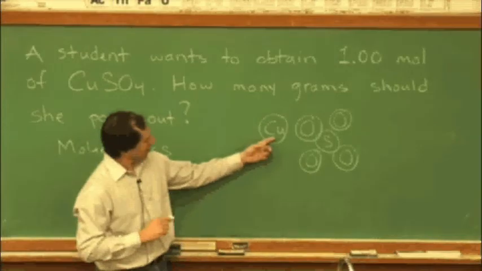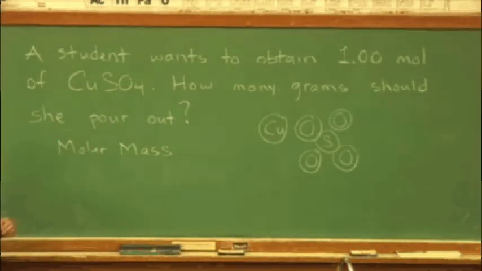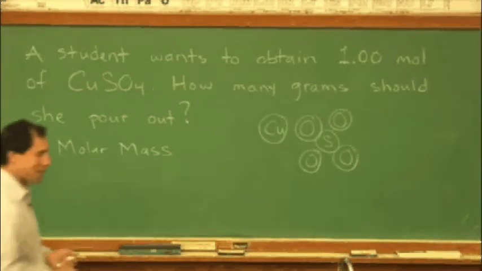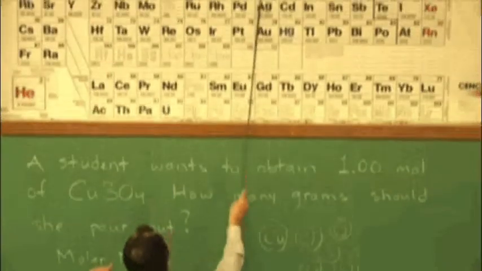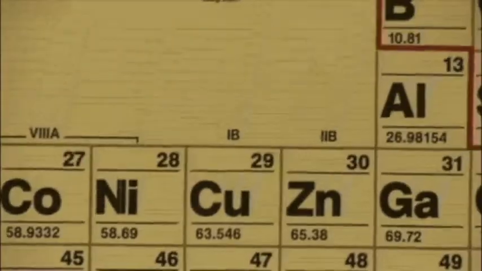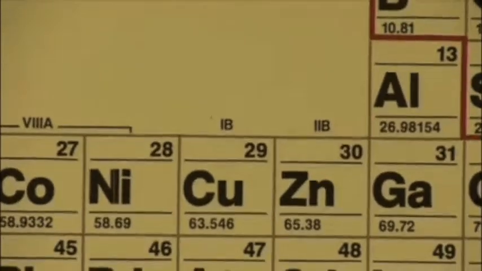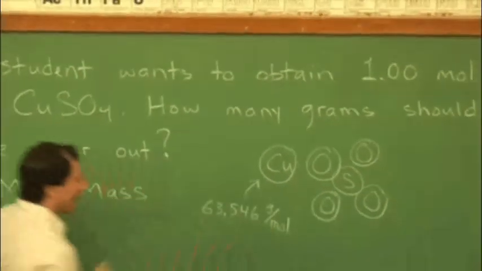Now, the atomic mass, or what's copper's contribution to this, is found on the periodic table of the elements. And I know copper to be approximately 63.5. 63.546 grams per mole. I'm going to put a little arrow here and go ahead and write down 63.546 grams per mole.